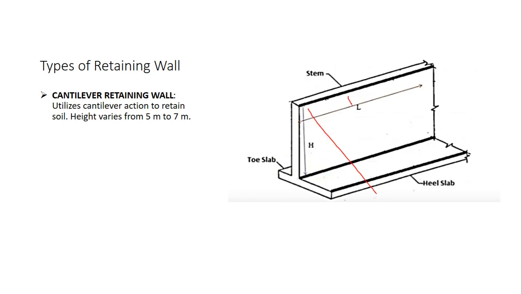So here I will be having the backfill, and on the toe slab I will be having the natural ground surface. So I can have a road over here, or I can have any kind of natural topographical features, right? An important point is the height of cantilever retaining walls range between 5 meter to 7 meter.